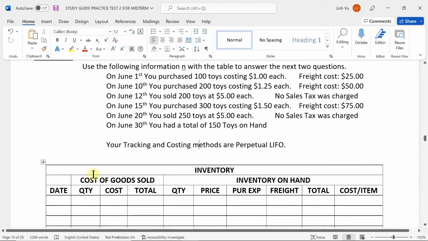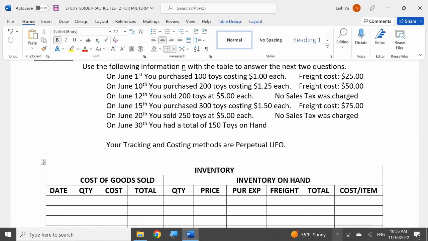So starting from the first one here, on June 1st, you purchased 100 toys costing $1 each with a freight of $25. So in this case, skip over. You purchase 100 units at $1 each, which gives you $100 plus 25 will give you a total cost of 125. And because it is LIFO, we need to keep our inventory on track.